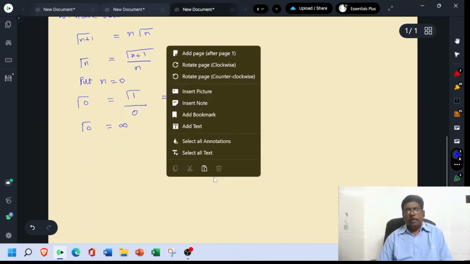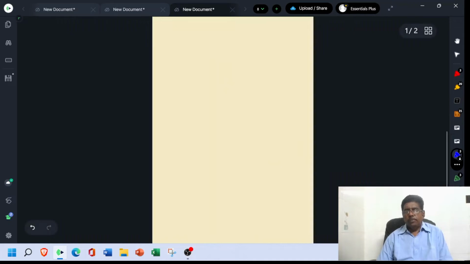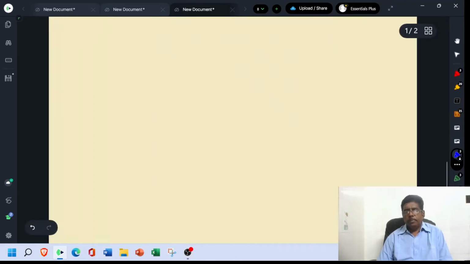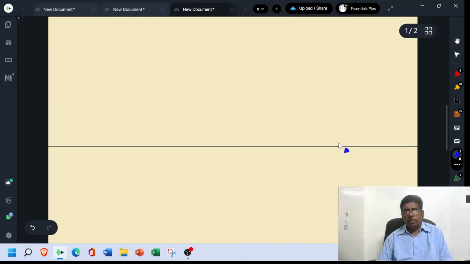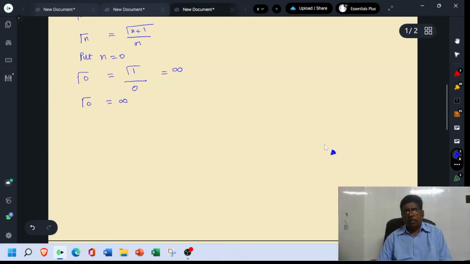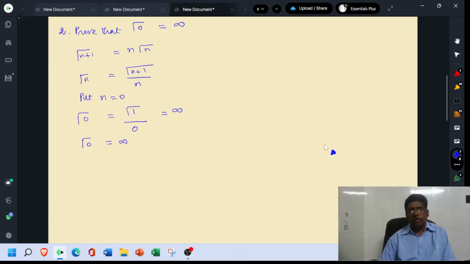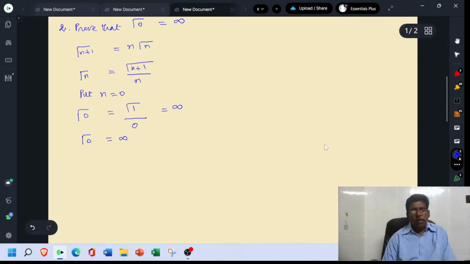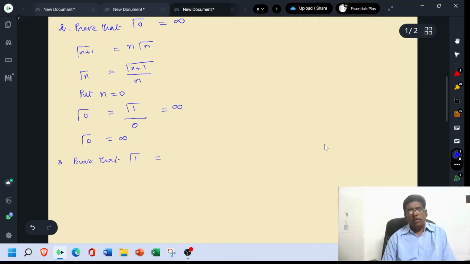Then our third proof: prove that gamma of 1 equal to 1.